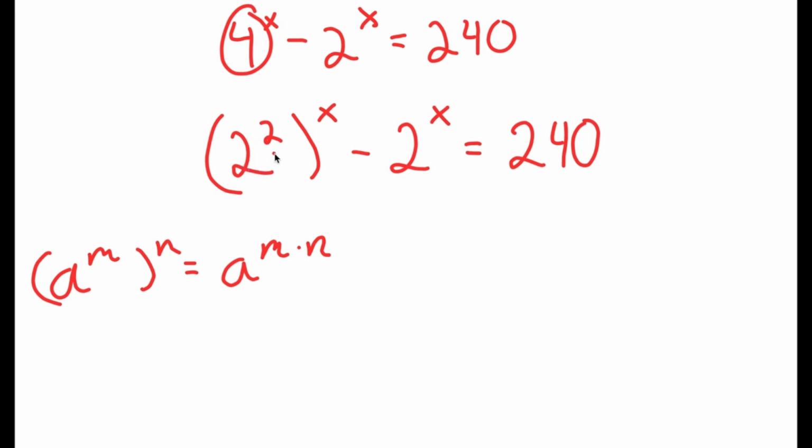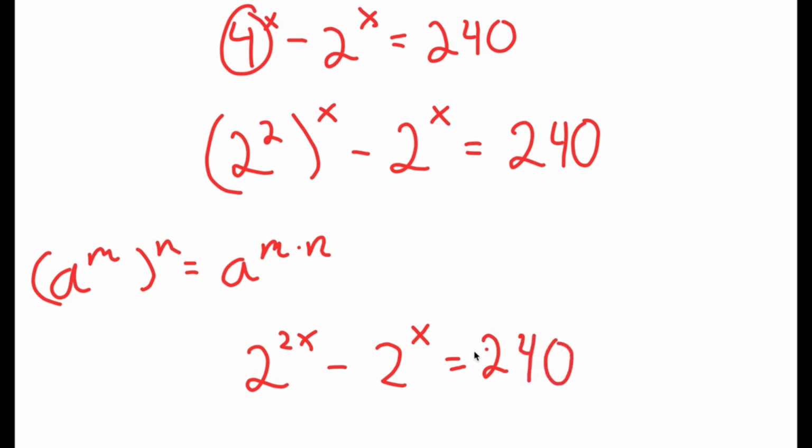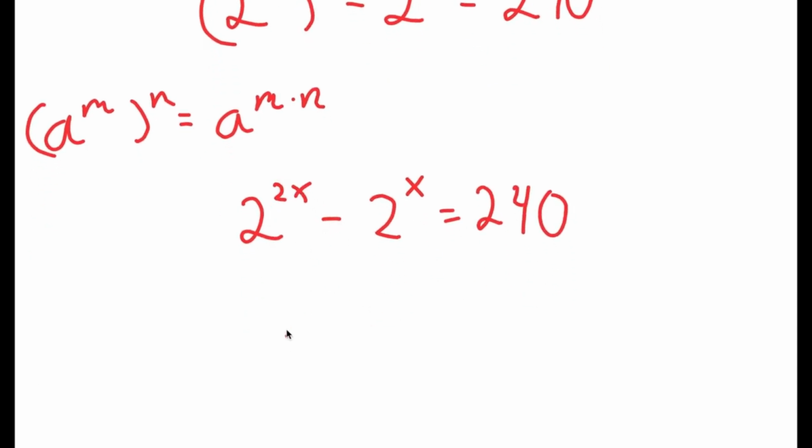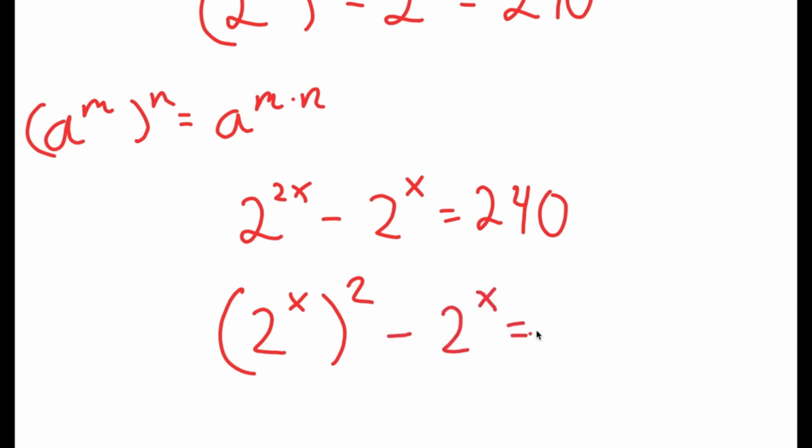So in this case, 2 to the power of 2 to the power of x is going to equal 2 to the power of 2 times x. So I have this minus 2 to the power of x is equal to 240. And now I can rewrite 2 to the power of 2x as 2 to the power of x to the power of 2. So I get 2 to the power of x to the power of 2 minus 2 to the power of x is equal to 240.